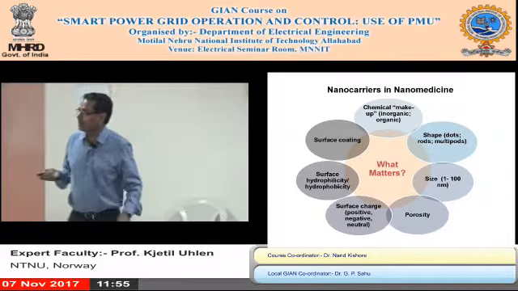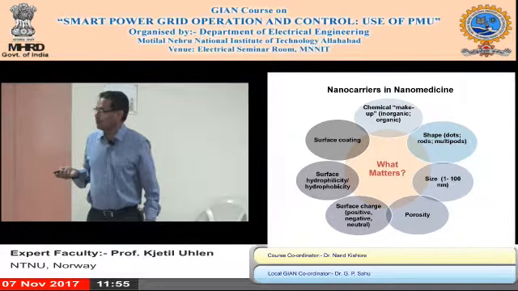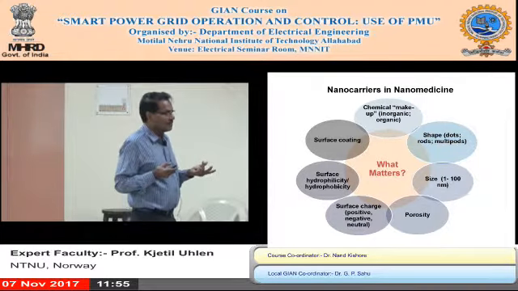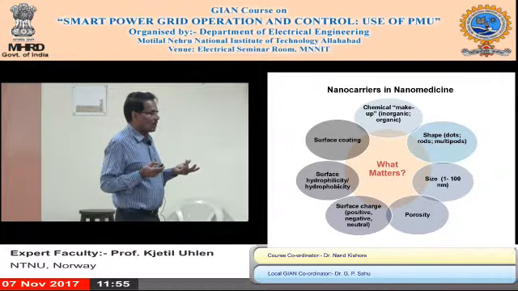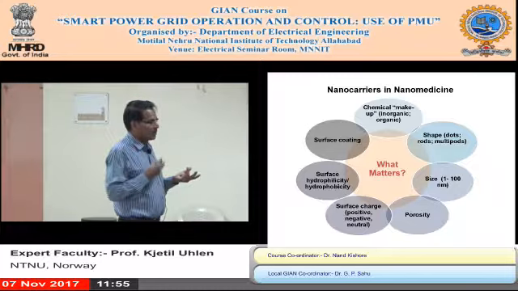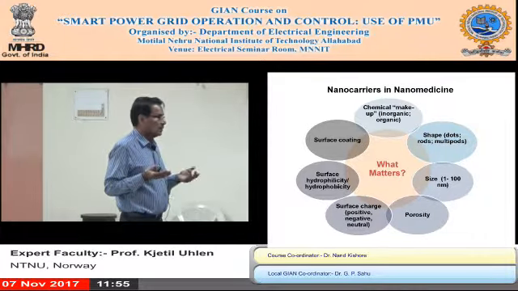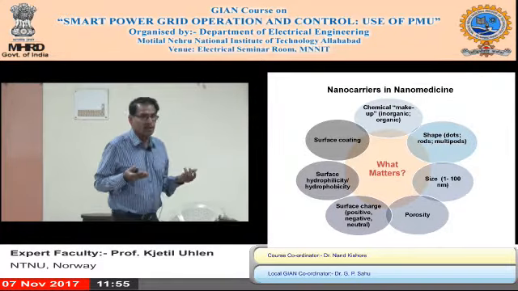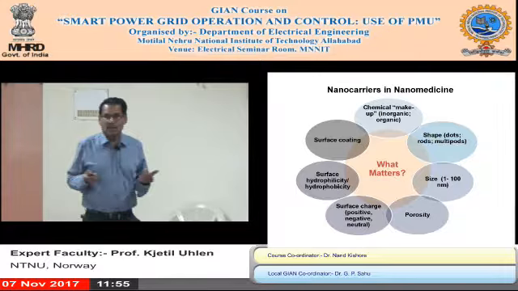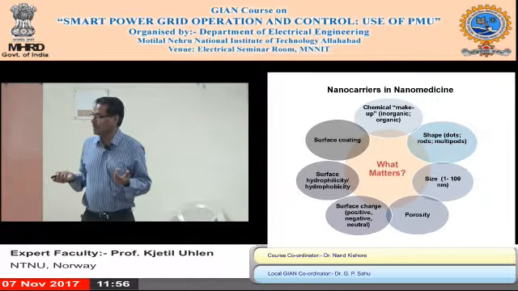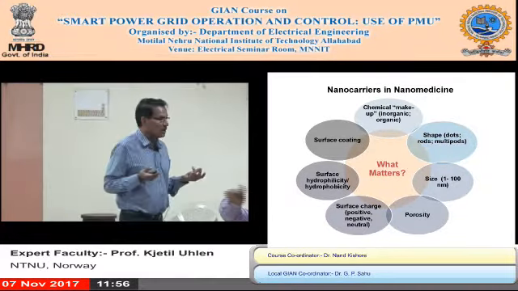So what happens is that you put some charge on that. And charge is what you can measure. It's called zeta potential. You measure that potential by using light scattering, DLS, dynamic light scattering. So if you do that, you want to make it positive or negative or neutral depending on what you want to do.